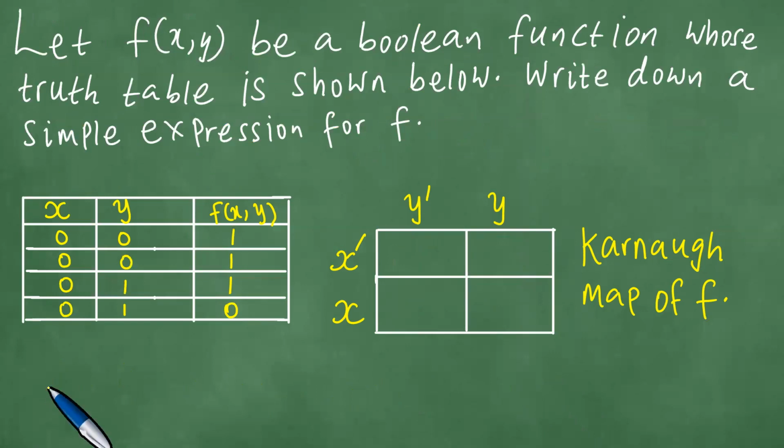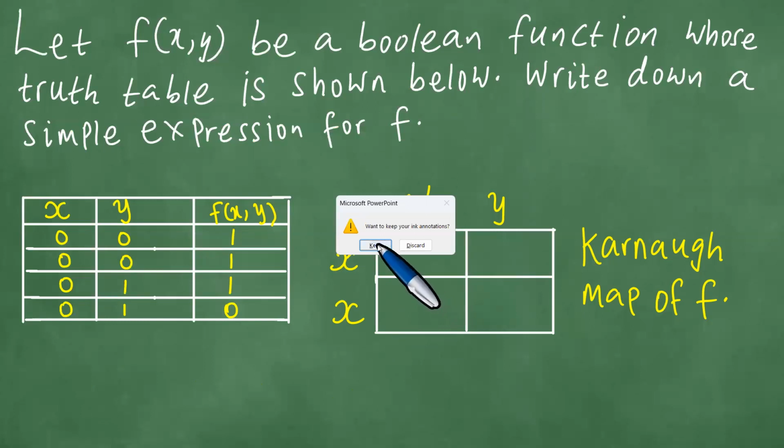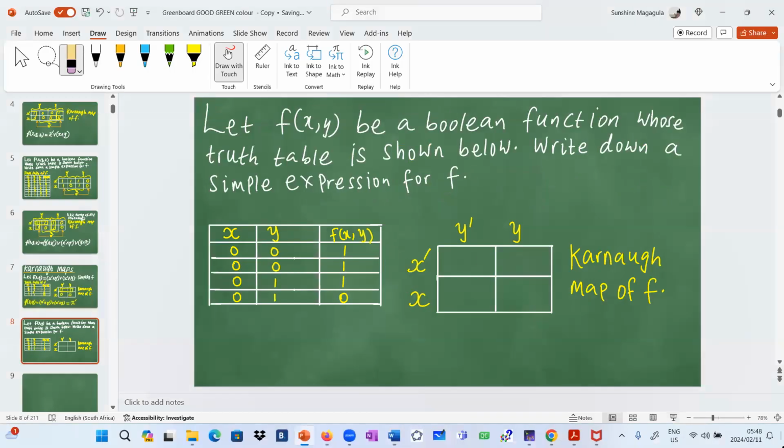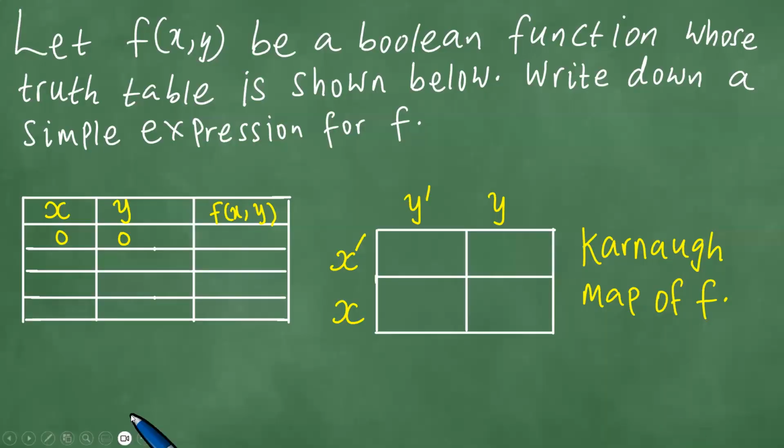Let's edit this a little bit and look at a simplification of this, but I need to edit these particular entries in the truth table of f so that we can continue. Then we can fill them up. We check everything, but we need to make sure that this is correct.